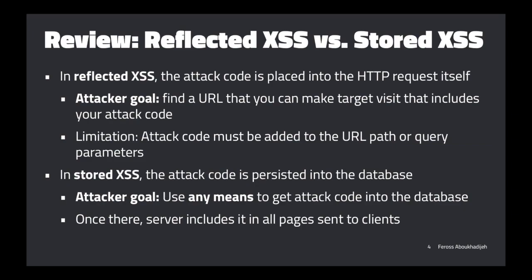And in stored XSS, the attack code is somehow added into the database, and then it gets returned by the server on potentially any number of different responses. So it's a little bit more powerful there. Any questions about that? Cool, so it's all review, so that's good.